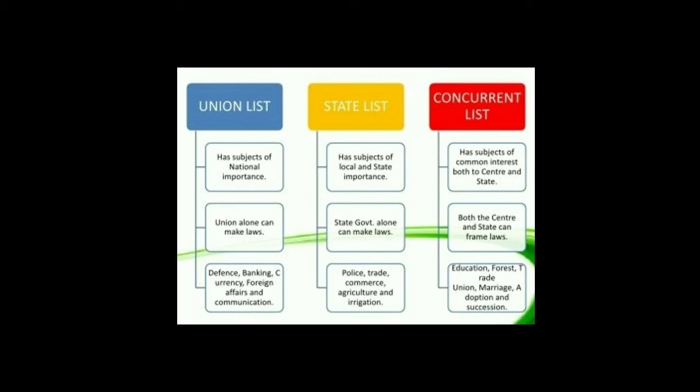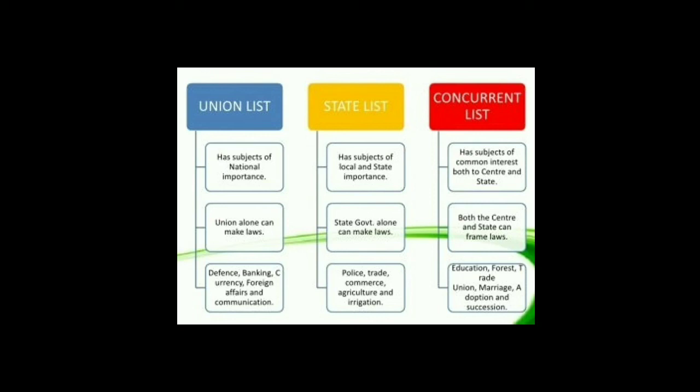We also have a residuary subject. This includes all the subjects not mentioned in any of the lists. Only the union government has the authority to make laws on this subject. So we have these three lists, and in these three lists we have different subjects.